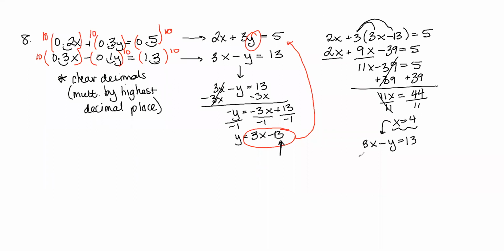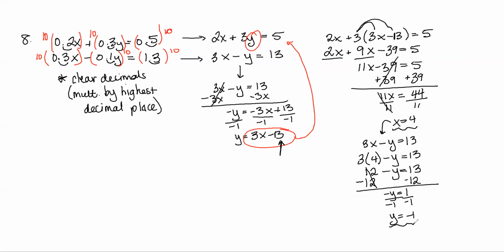Okay, so 3 times 4 minus y equals 13. 3 times 4 is 12 minus y equals 13. Subtract 12, and we get negative y equals 1, and divide both sides by negative 1. So we get y equals negative 1, which gives us a solution of the point 4, negative 1.